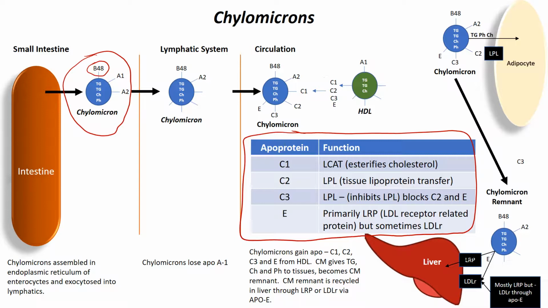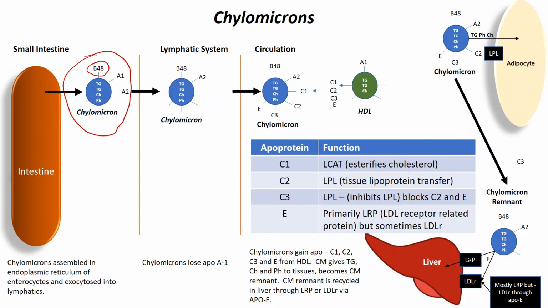We're not going to talk too much about that, but it esterifies cholesterol. ApoC2 we're going to talk about in a minute. It activates tissue lipoprotein lipase. C3 inhibits C2, so it inhibits the action of C2. And ApoE is used for recycling the chylomicron.